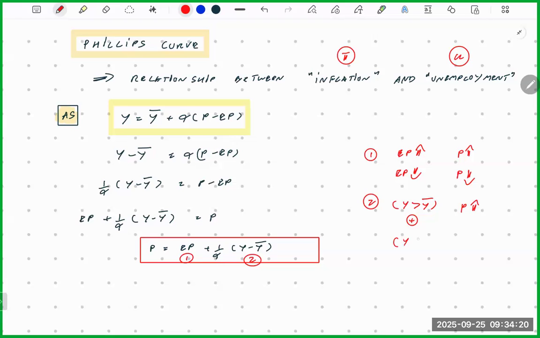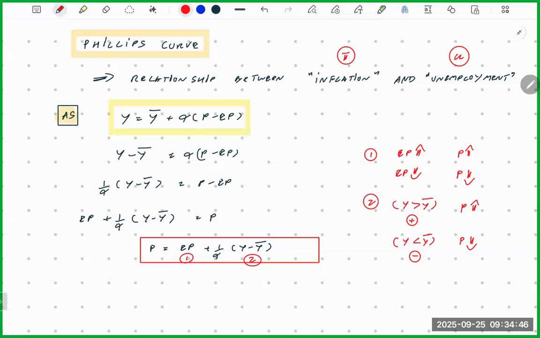In the opposite case, if y is less than y bar, GDP is bad, lower than the full employment level, the bracket becomes negative. The right hand side goes down, so the left hand side also goes down. Which means that when the economy is bad, everything is going to be cheaper. This is the same as what we learned last time.